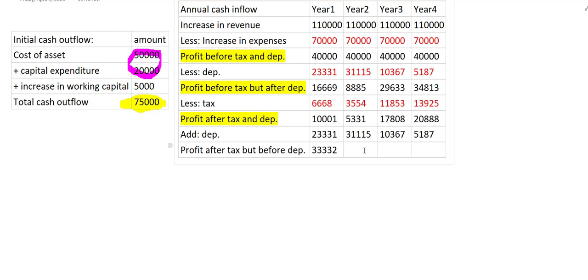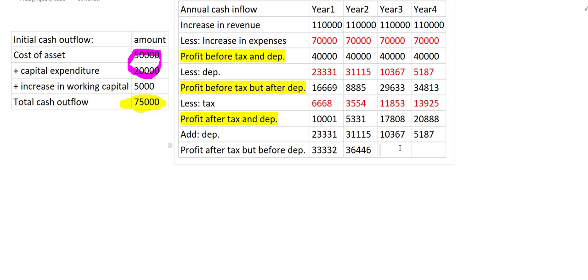Next year is, for example, 5,331 plus the amount 31,115, which becomes equal to 36,446, right?